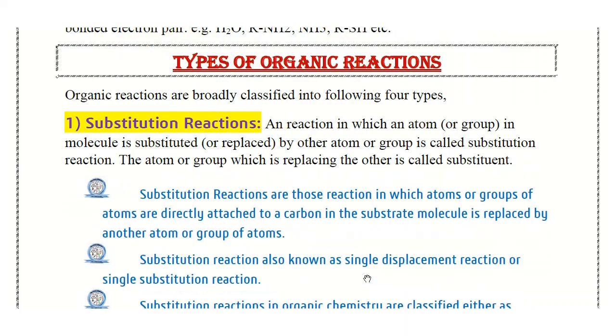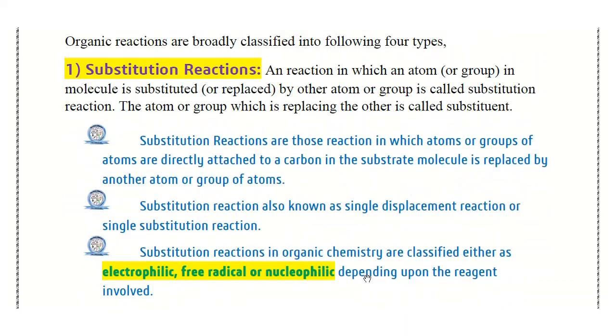There are different types of substitution reaction, and on that basis they can also be termed single displacement reactions, because one of the chemical species or groups of atoms is going to be displaced, and it mostly occurs in a single step.